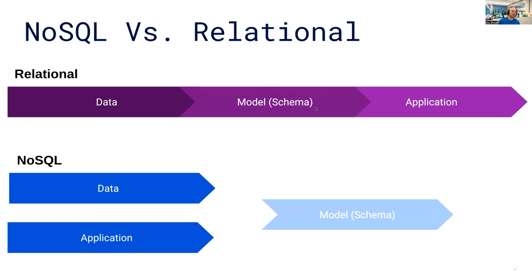When we think about NoSQL data modeling, there is an important difference here. Instead of thinking about the application at the very end, we have to think about it at the beginning. Okay, so we think about the application and the data at the beginning, and the outcome of that process is our actual model.